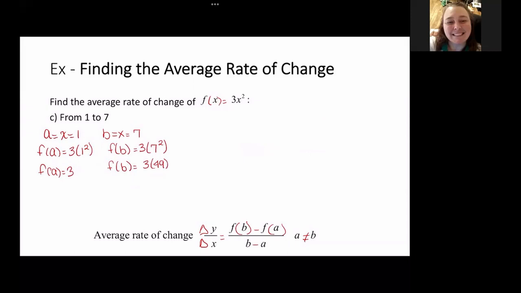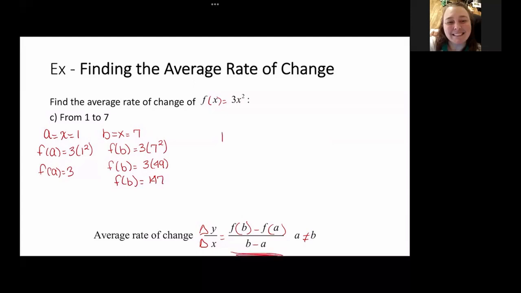I'll get my calculator out now. We're beyond numbers that I can do in my head. 49 times 3 is 147. Let's put that into our equation.